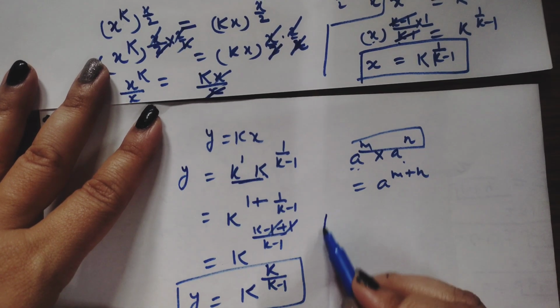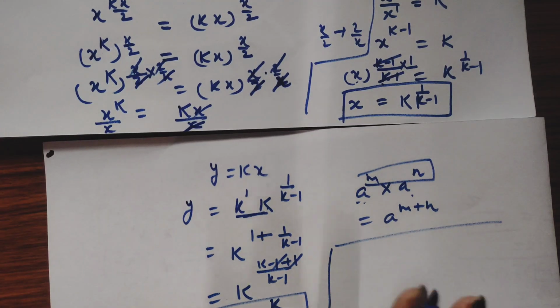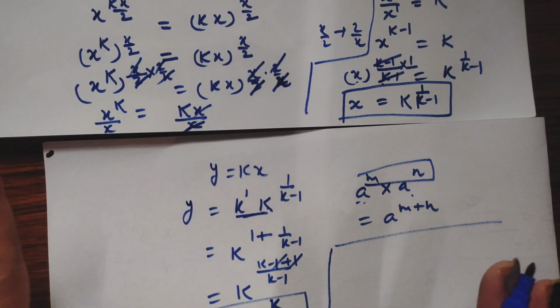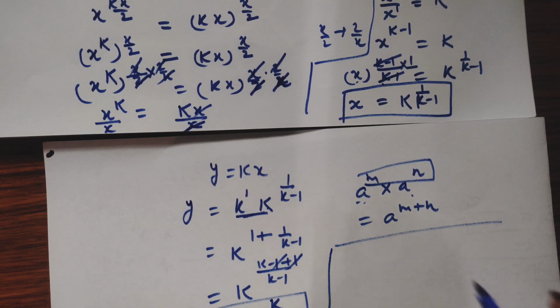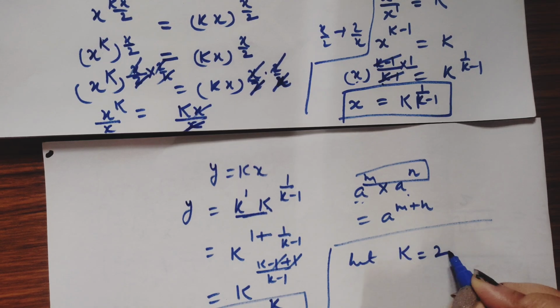So we get the values of x and y in terms of k. Now k is a constant, so let me suppose k is 2.